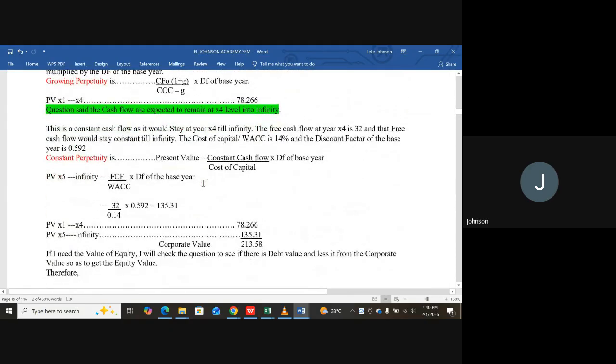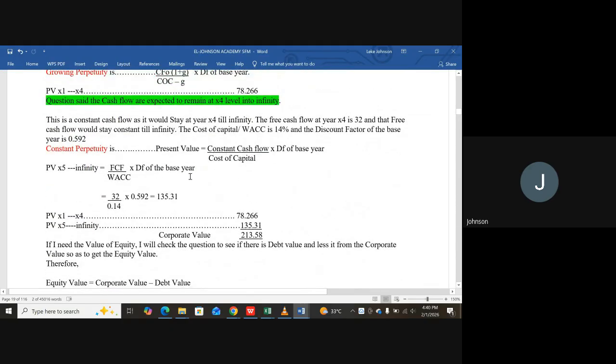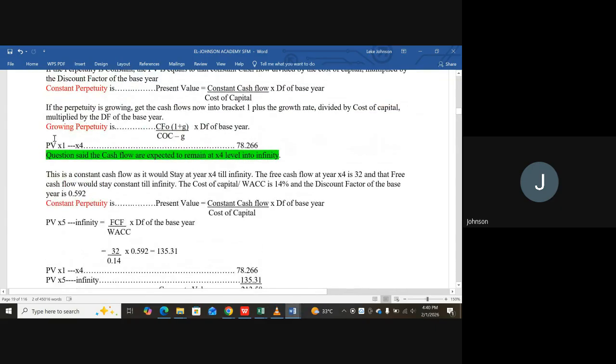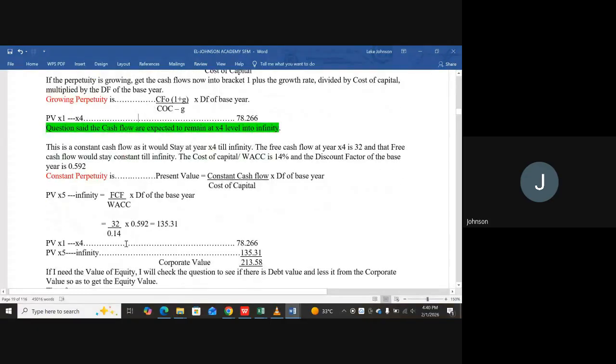Since we have already gotten the present value from year 1 to year 4 to be this amount, it means that we can now get the value from year 5 to infinity. So how do we do that? We say it is equal to the cash flow of the base year, multiplied by the discount factor of the base year, divided by the weighted average cost of capital given to us in the question.